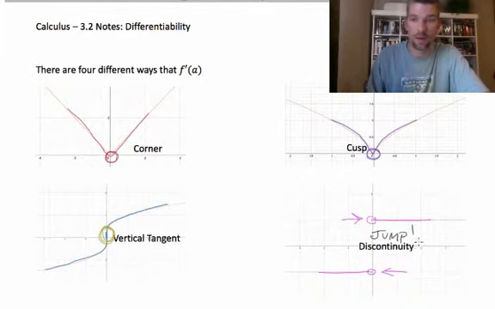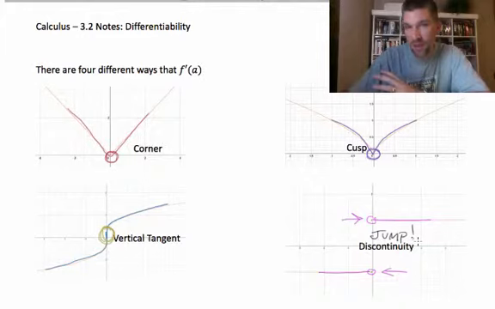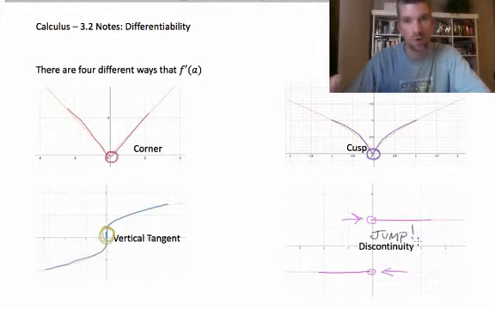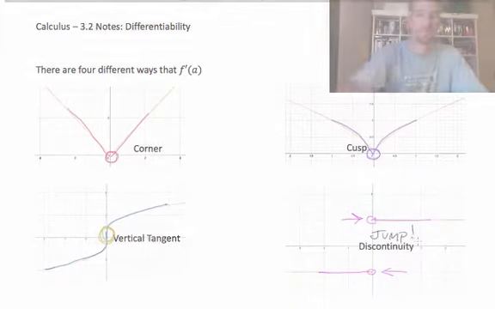That is one of the big discontinuities that we can't have a derivative at. But these are just a few examples of where you cannot have a derivative, and there's really not tons and tons of different things to memorize. We're just looking for a corner, a cusp, a vertical tangent, or a jump discontinuity.